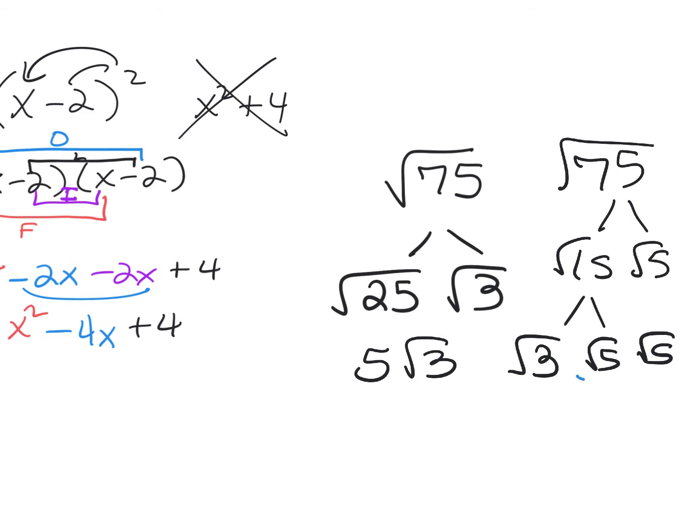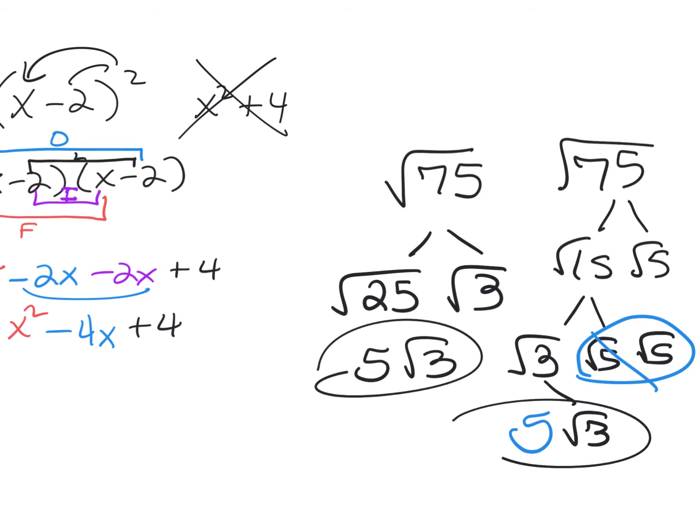And then I look for the pairs. Pair of 5s, 1 5 comes out, and then the 3 had no pair, so leave it under the radical. I get the same answer either way. So we're going to be leaving our answers in simplest radical form, unless the instructions in the problem, like the word problems, say to round to the tenths place.